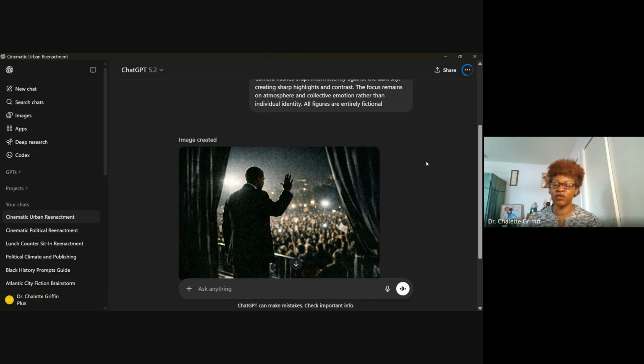The key, if you look through the prompts, is that all of them have phrases like "our figures are entirely fictional," "they're reenactments," and "inspired by." Those are the types of phrases you have to put into the prompt, because if not, ChatGPT is going to assume you're looking for the actual piece, and it's going to reject it. So those are two of the prompts I wanted to share with you.